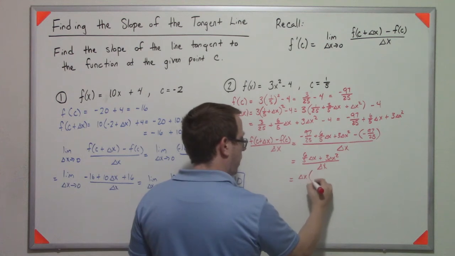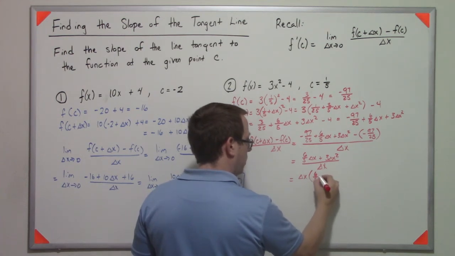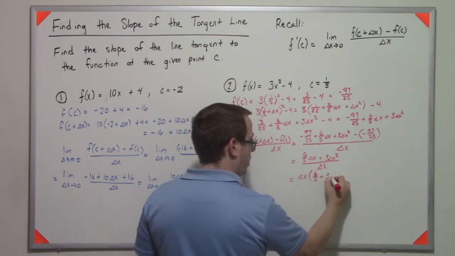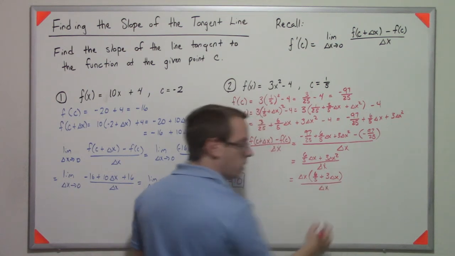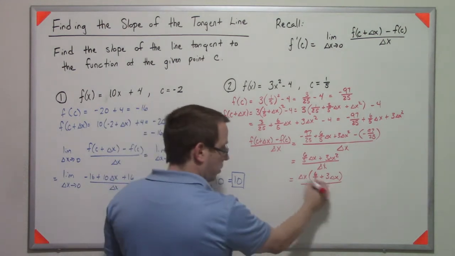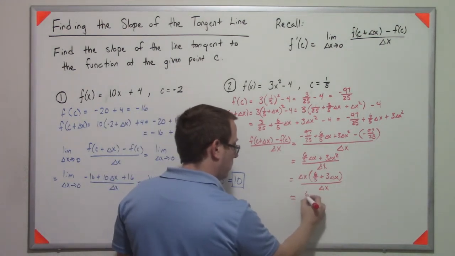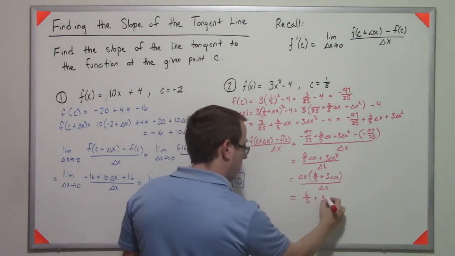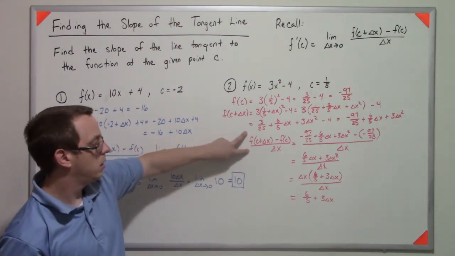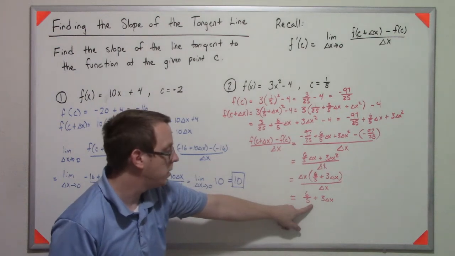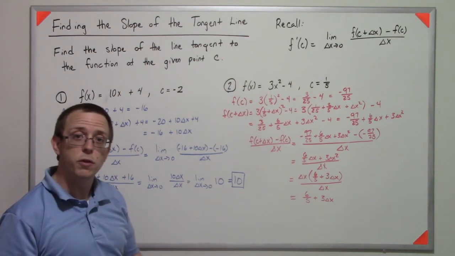Bring a delta x out, so you have 6/5 plus 3 delta x over delta x. So the delta x's cancel. So this is equal to that, at least from a limit standpoint.